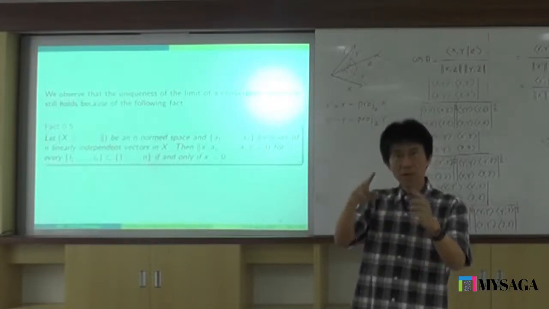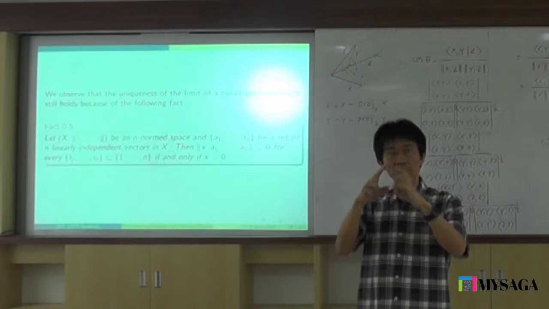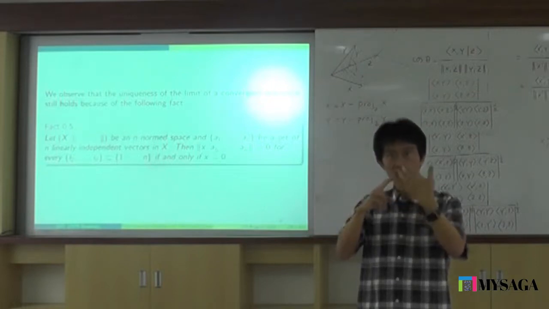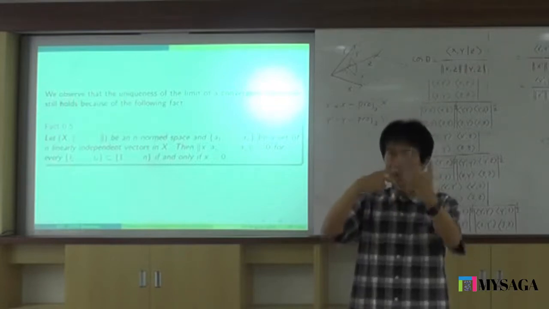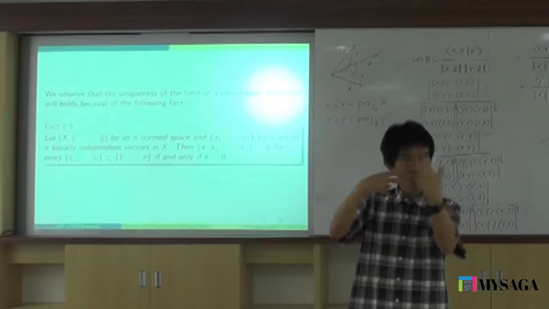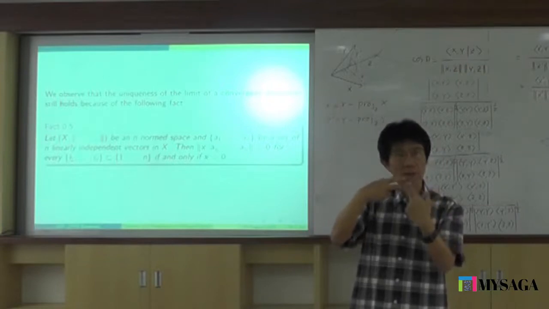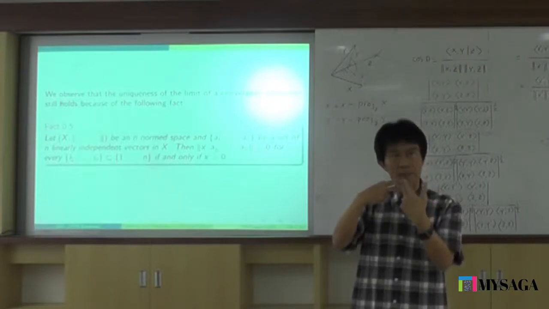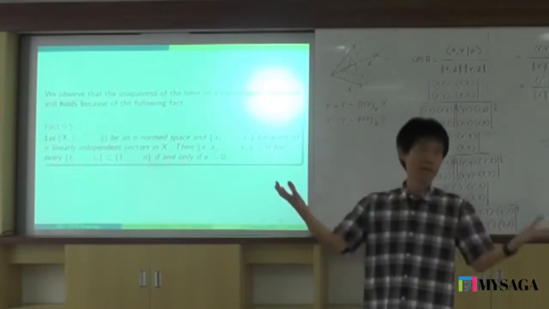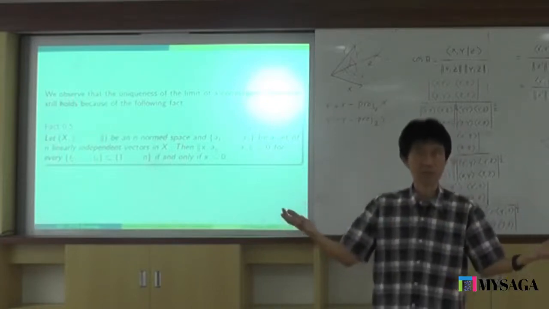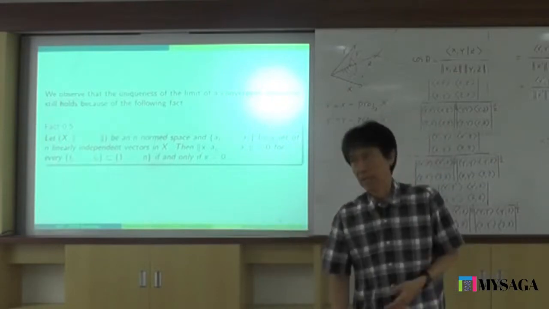If it is 0, then the vector must be a linear combination of these 2. You choose another 2, it must be a linear combination of those second choice of 2 vectors. And then if you choose the other 2, it must be 0. Then the vector must be 0. That's your conclusion.